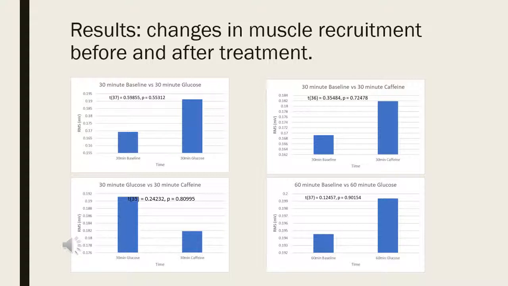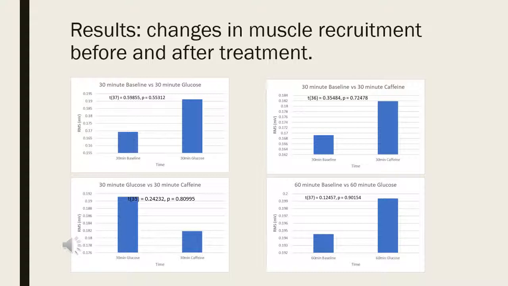The first graph was 30-minute baseline versus 30-minute glucose, 30-minute baseline versus 30-minute caffeine, 30-minute glucose versus 30-minute caffeine, and then 60-minute baseline versus 60-minute glucose, 60-minute baseline versus 60-minute caffeine, 60-minute glucose versus 60-minute caffeine, and 90-minute baseline versus 90-minute glucose.